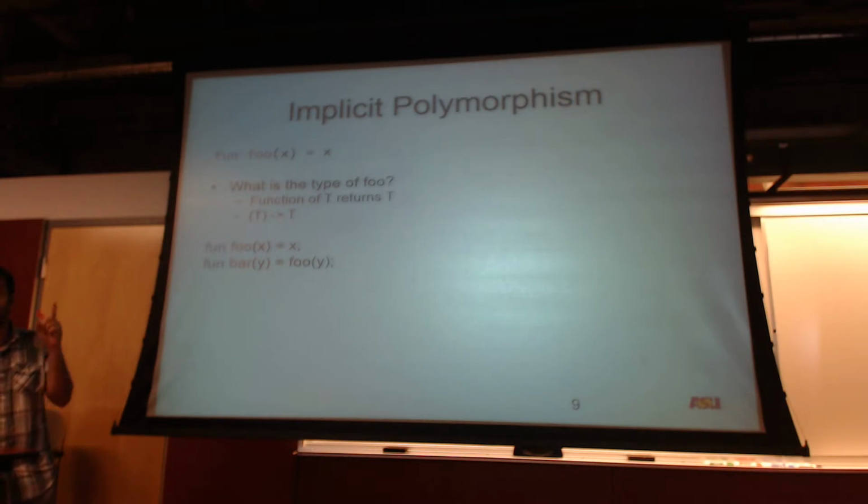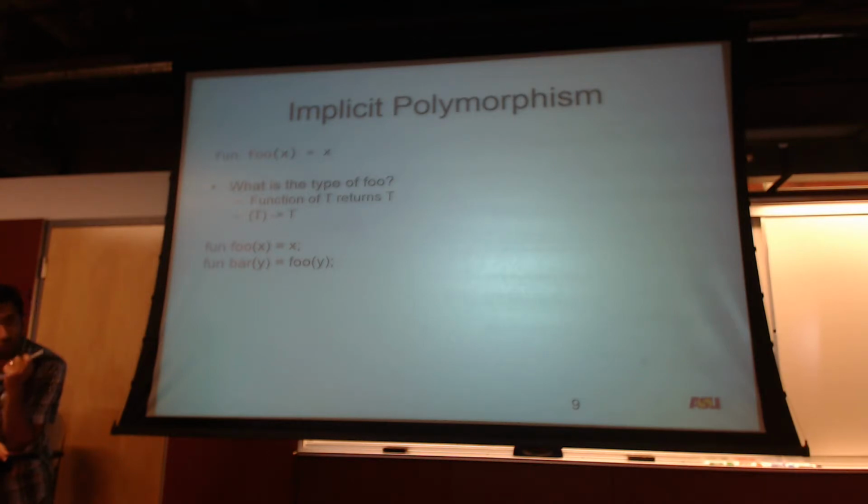Foo's type is function of capital T and it returns capital T. So if you know that, what should be the type of y? T. Type of y should be T. Because we know that the type of foo is function of T returns T. So whatever is the input argument of foo has to have a type T. Now we have used y as input argument of foo. So y has to have the type T.